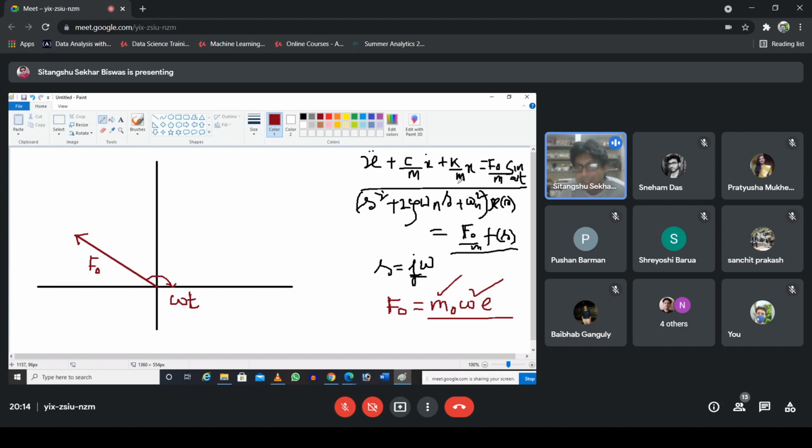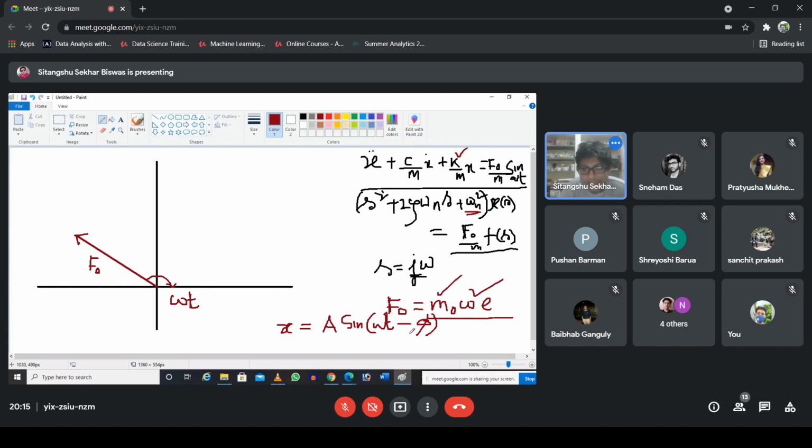Now here you see the term k, no Laplace operator is multiplied with that. And in the solution, we are getting x equal to some amplitude into sine of omega t minus phi. The force that is multiplied with that is basically k into x.